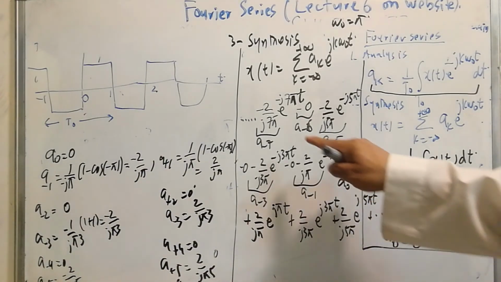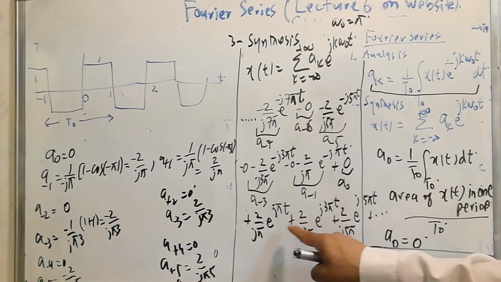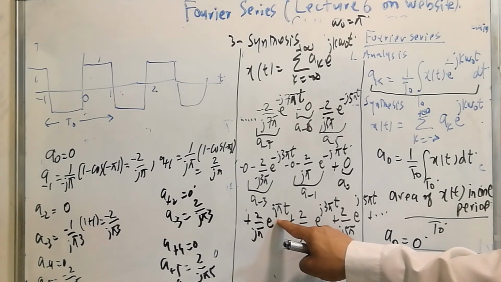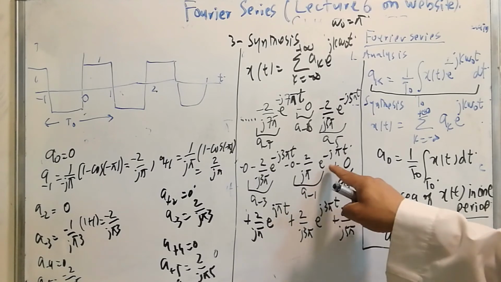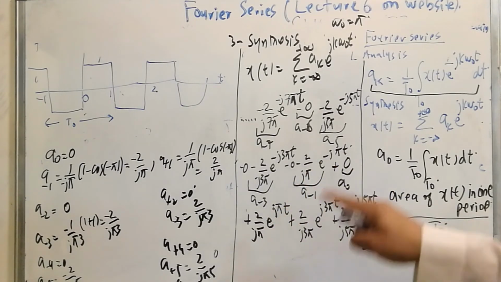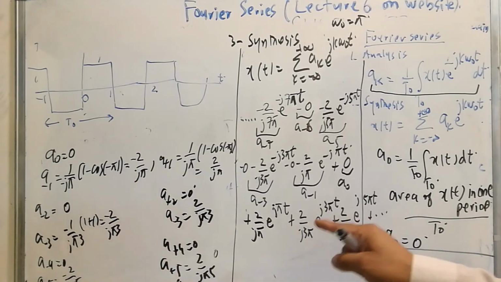Now I can see that I can combine these two. I can combine e raised to power j pi and e raised to power minus j pi, and one of them is positive and one of them is negative. So let us do this combination.